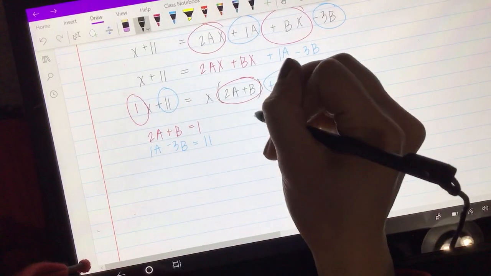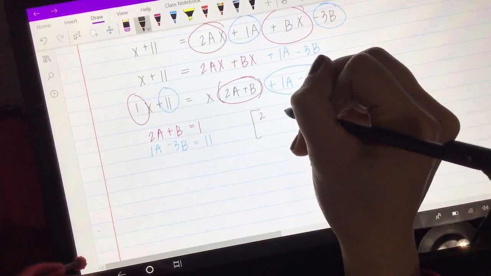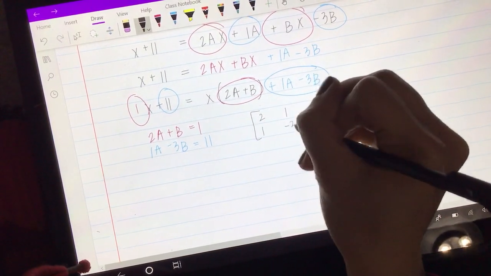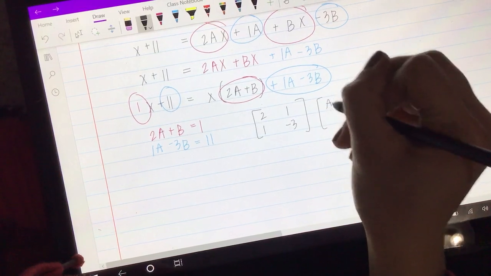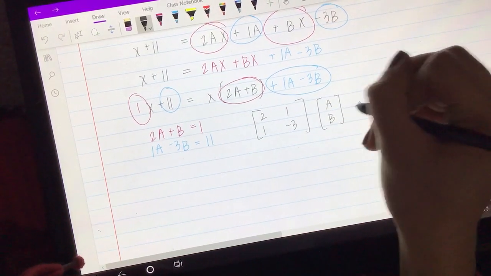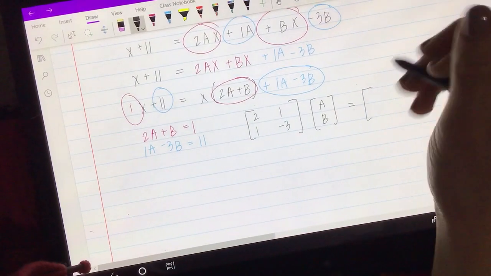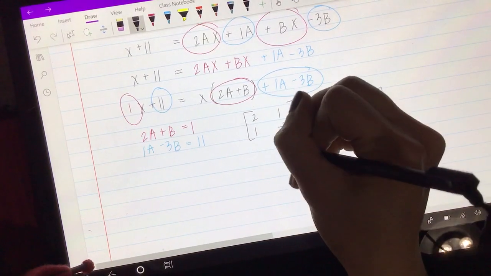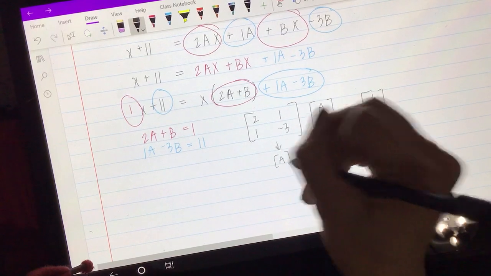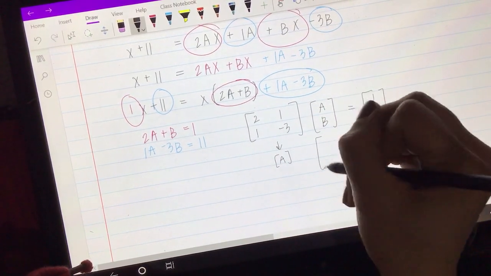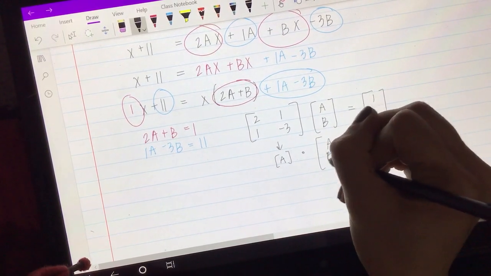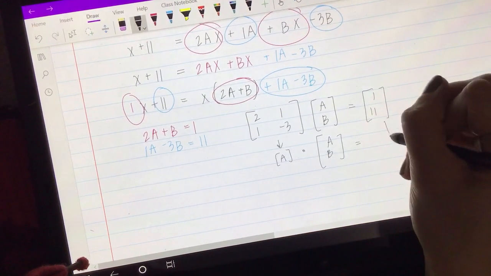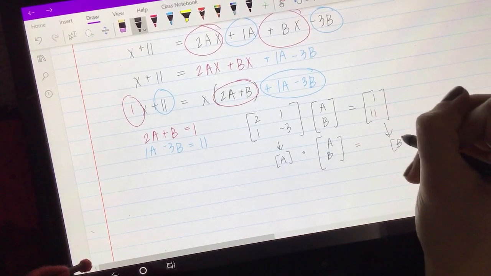Turn this into a matrix equation. We have 2, 1, 1, negative 3 times our variables a, b equals our constant matrix 1, 11. Plug this into your calculator for matrix A as your coefficients. Matrix B can be your constants.